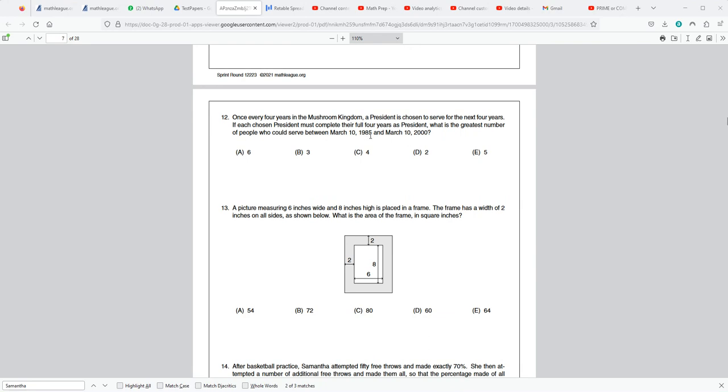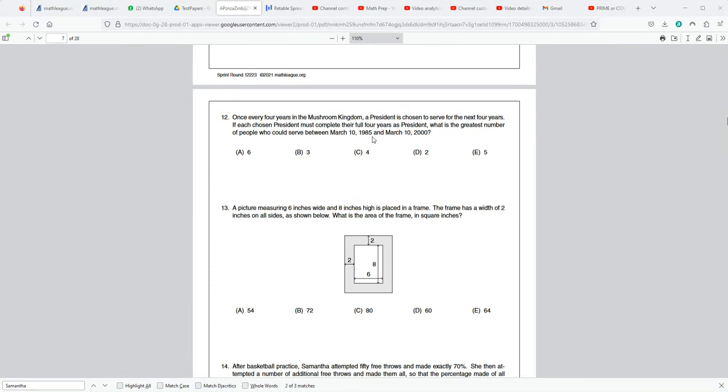So if someone starts serving on this day in 1985, then there will be four presidents serving between that time period: one from 85 to 89, 89 to 93, 93 to 97, and 97 onwards.